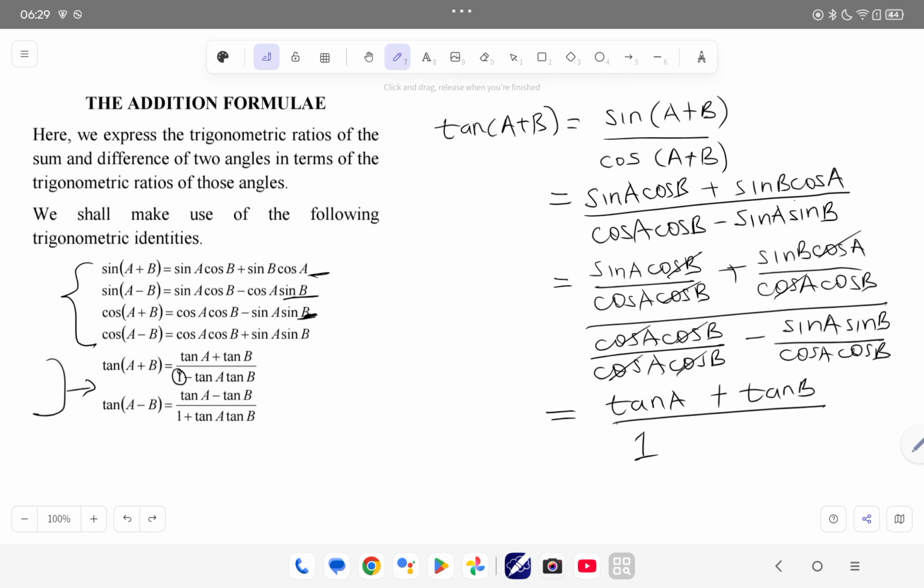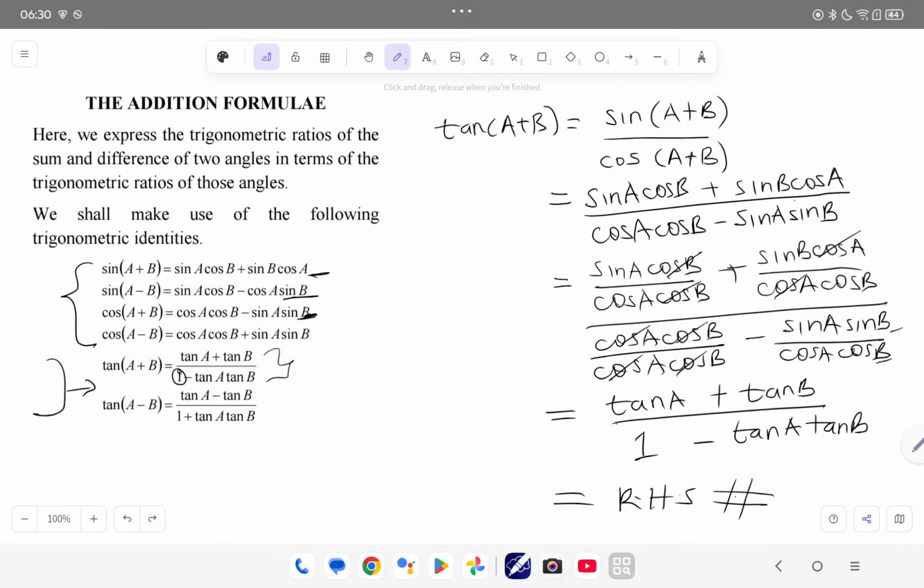That was our major item at the beginning by dividing through by cos A cos B. Then sin A over cos A is tan A. Then sin B over cos B is tan B. This one is the same as our right hand side, and therefore we have been able to prove it as required.